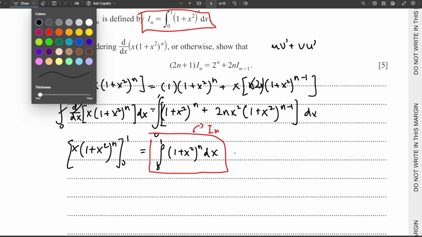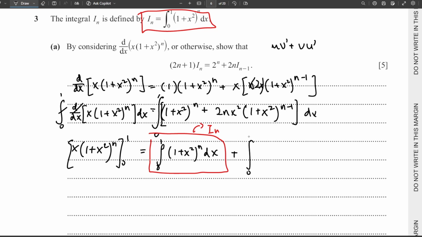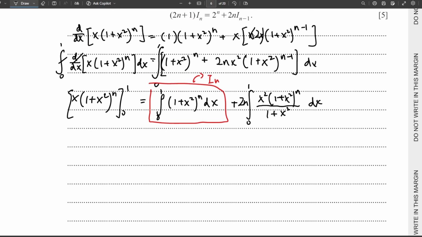The second part needs some manipulation. 2n is a constant, so I can bring it out of the integral. Then I have x^2 times (1 + x^2) to the power n minus 1, and I will express this in terms of power n. The negative one I will break down into a fraction, so it's easier to see why we do this for simplification later.